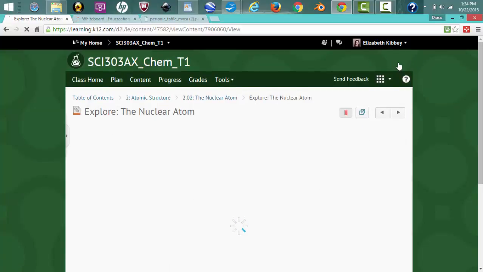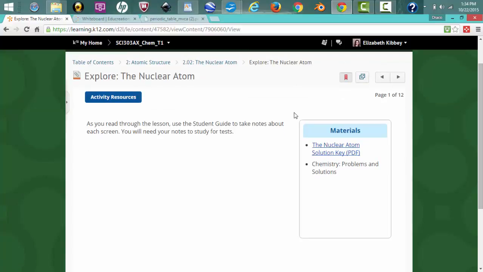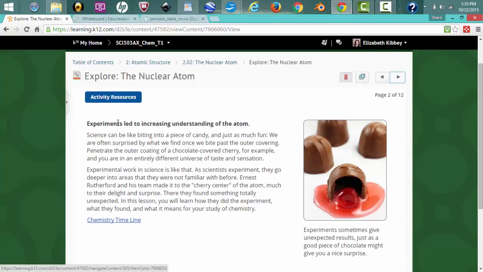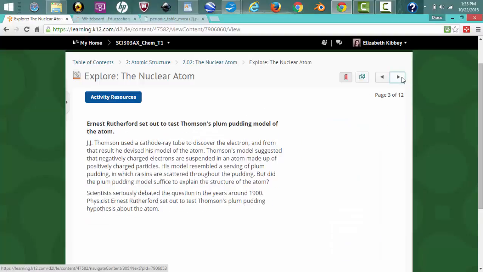Okay, so skimming through this next part: experiments lead to increasing understanding of the atom, as we will find out. Ernest Rutherford set out to test Thomson's plum pudding model of the atom.